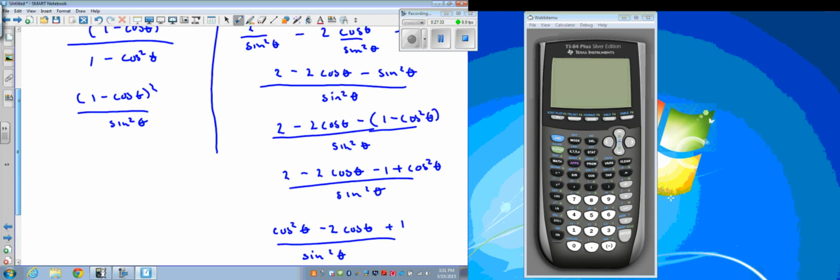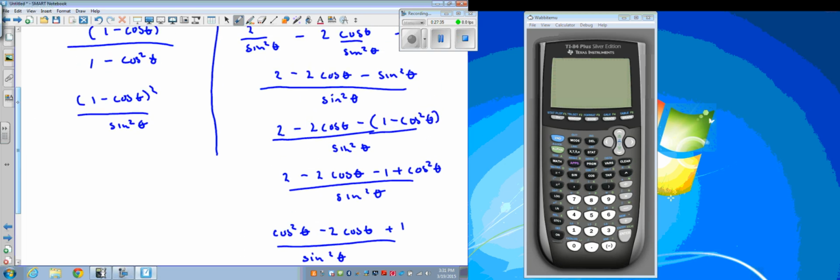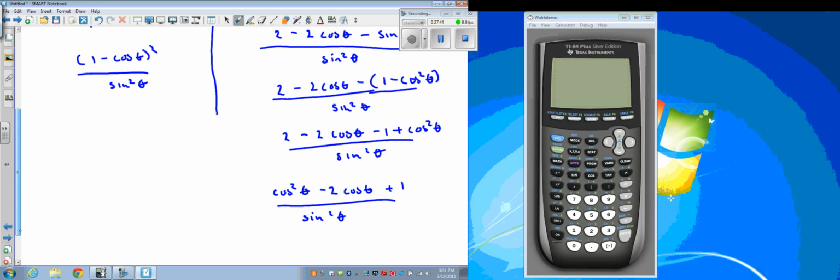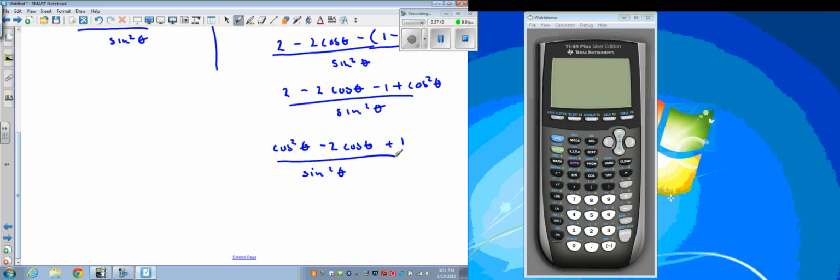Got your square middle single. I think this is going to be, the numerator factors into cosine theta minus 1, the quantity squared, over sine squared theta.